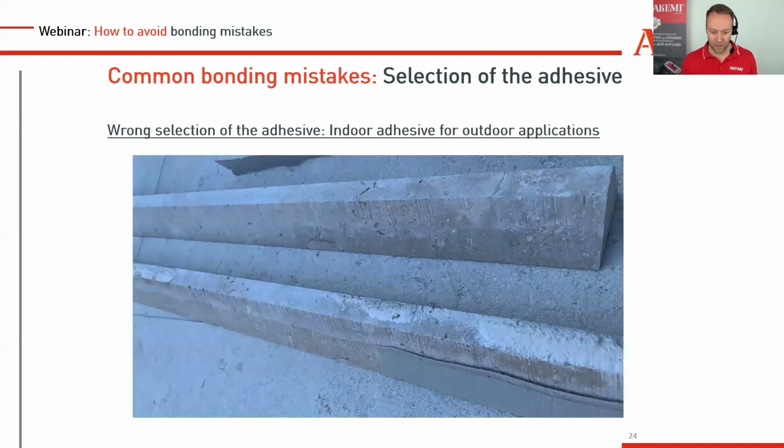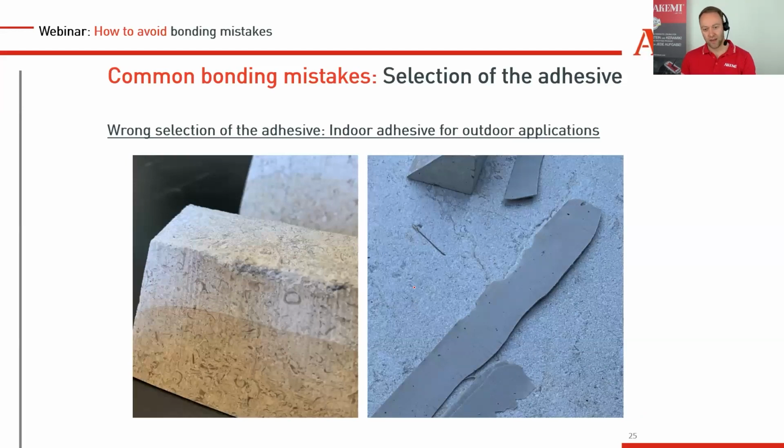Then what can happen, especially with limestone, is a debonding of the adhesive, because it's not 100% frost-thaw stable. The temperature is a problem, but usually it's the combination of water and freezing that causes delamination and a dismantling of the bonding. So just have it in mind.